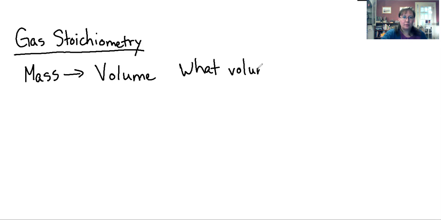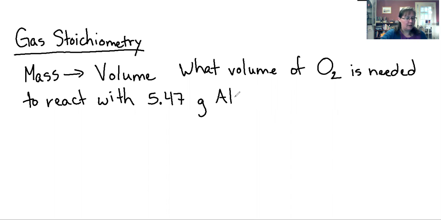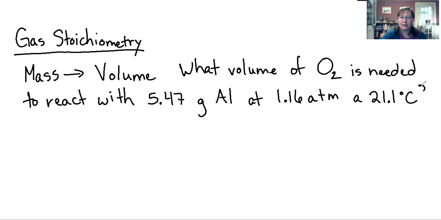what volume of oxygen gas, that's O2, is needed to react with 5.47 grams of aluminum at 1.16 atmospheres and 21.1 degrees Celsius.